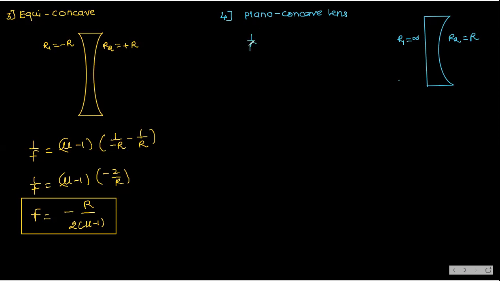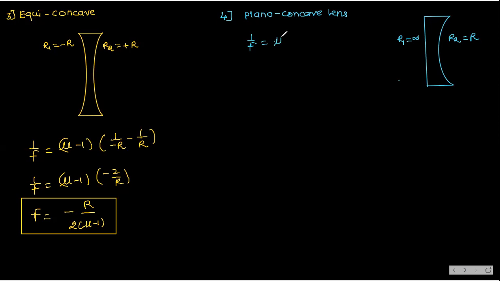Then we are getting again 1 by F is equal to mu2 by mu1. So mu2 by mu1 is definitely air, so that's why I am just writing 1. So mu2 is equal to what? Mu only. So direct shall I substitute?